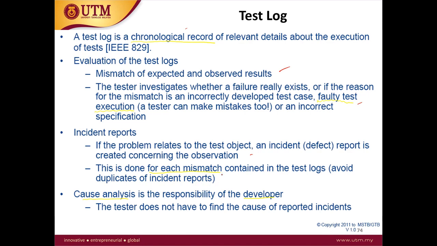This is done for each mismatch in the test log. So avoid duplicates of incident reports. Sometimes it also happens that two incident reports, two bugs, are reported for the same error. It happens, and then during discussion we can eliminate one if we think that it is a duplicate.